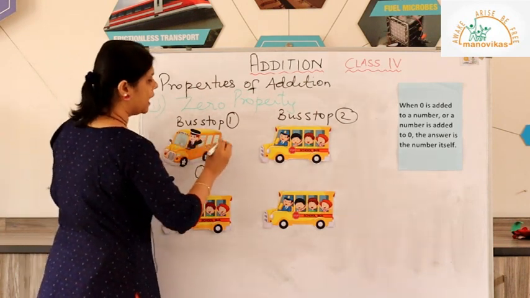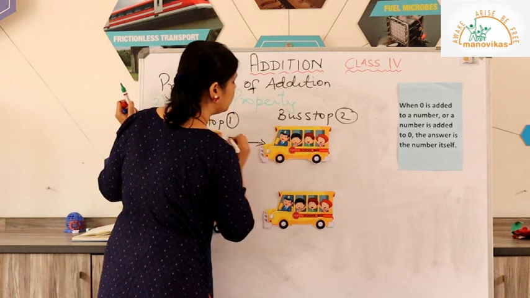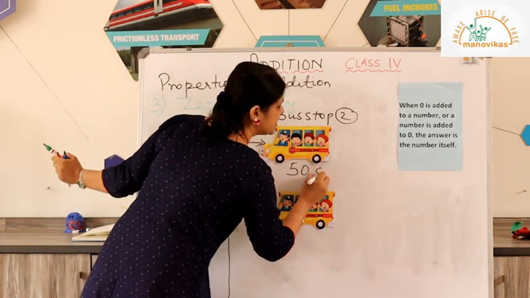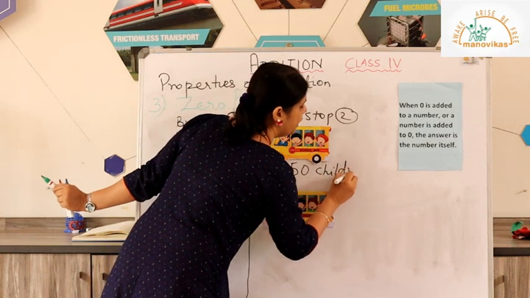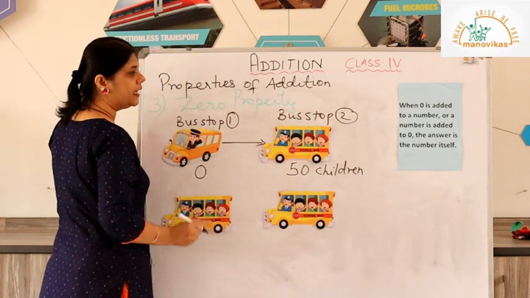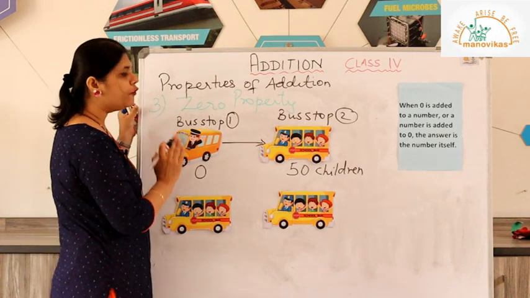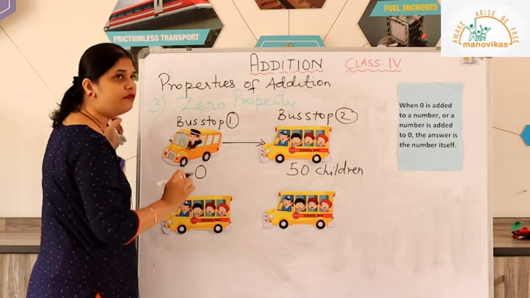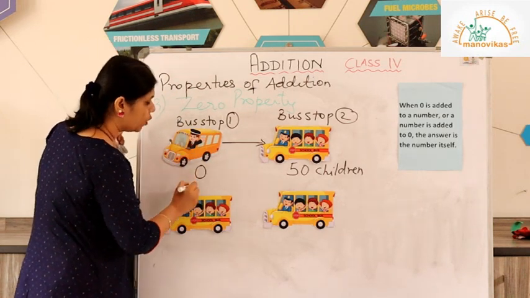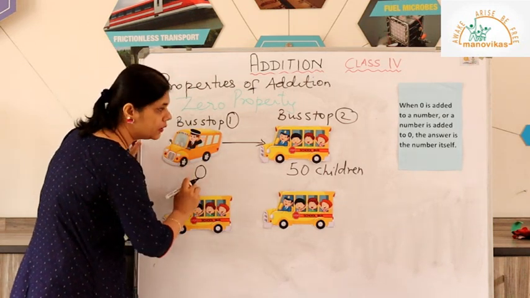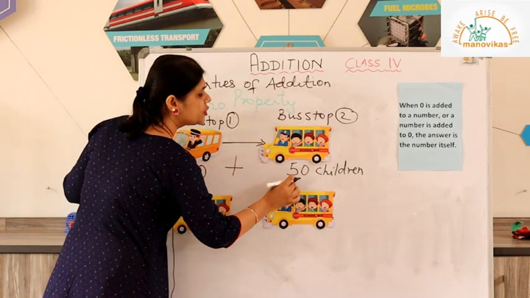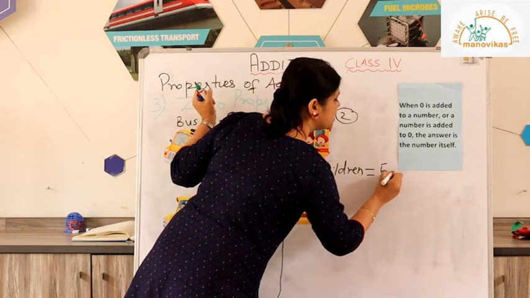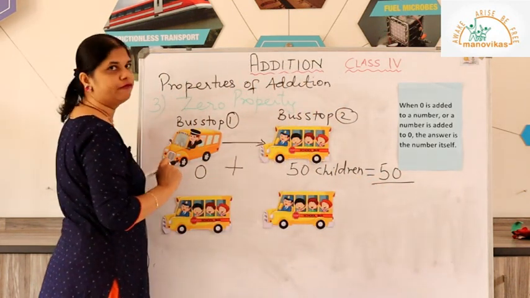Now the same bus moves to the bus stop 2, and what happens here? 50 children get inside the bus. Now, if you want to find the total number of children in this bus, what will you do? You will add 0 as initially there were no children plus the 50 children who have got in, and 0 plus 50 is the same number, that is 50.